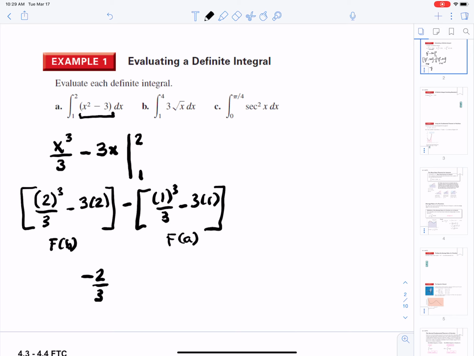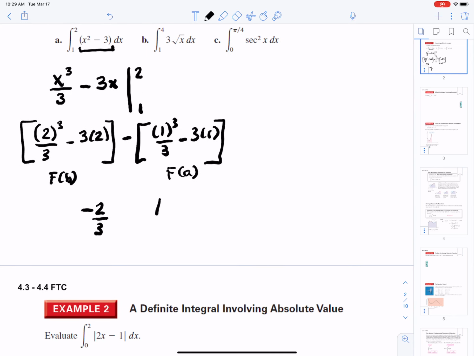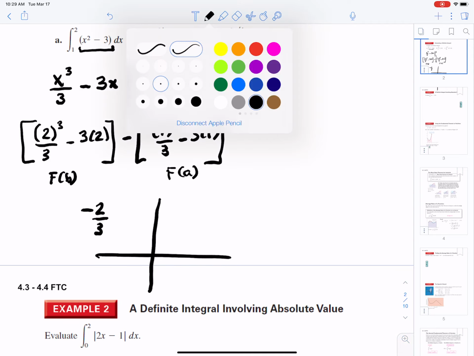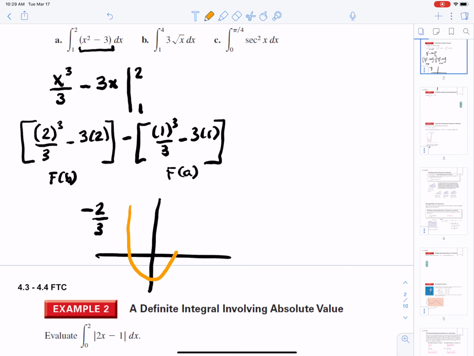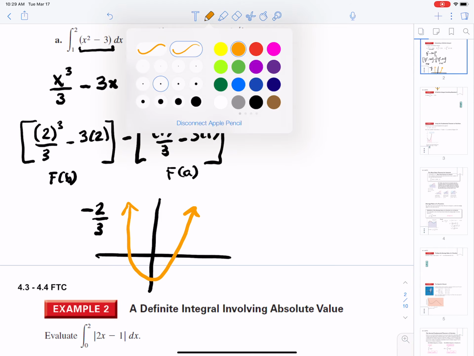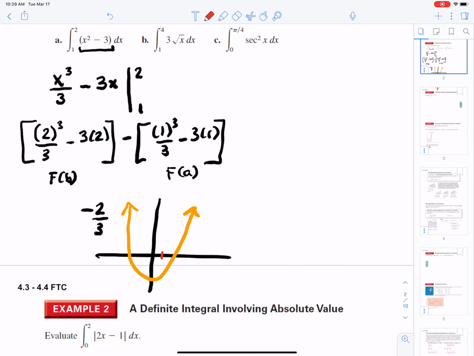Now because this answer is negative, if I were to draw the value of the area under the curve, I would draw the function x squared minus 3, which is a parabola opening up, move down 3 units, and I'm evaluating that integral from x equals 1 to the value 2, which is, say, here.